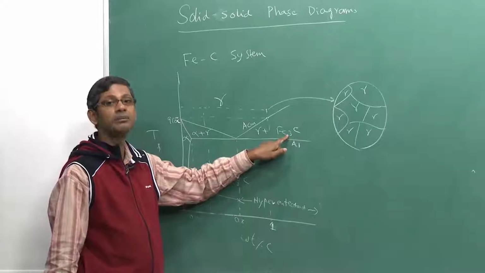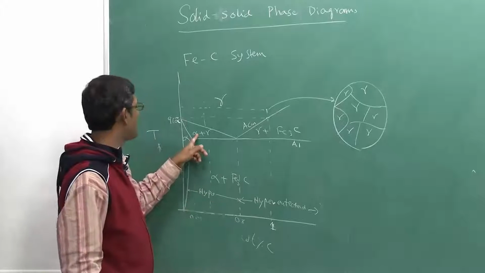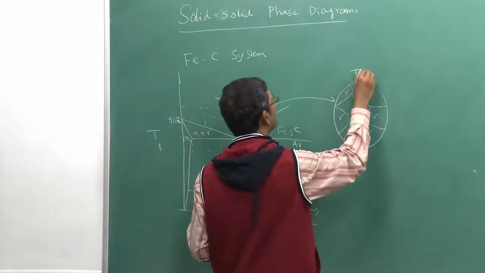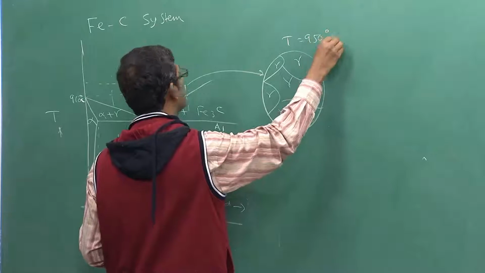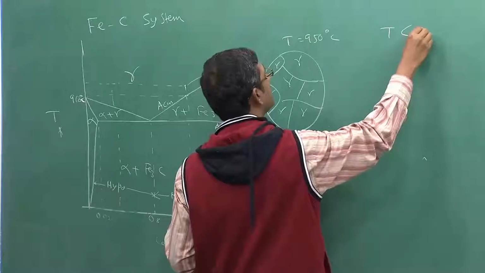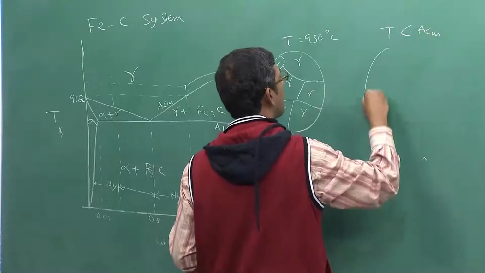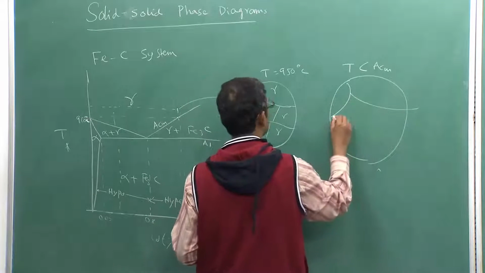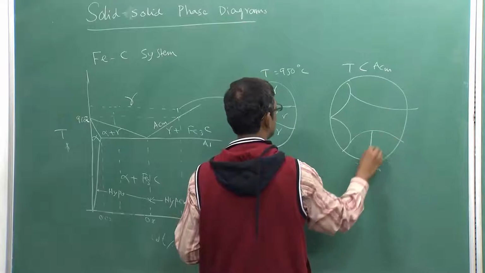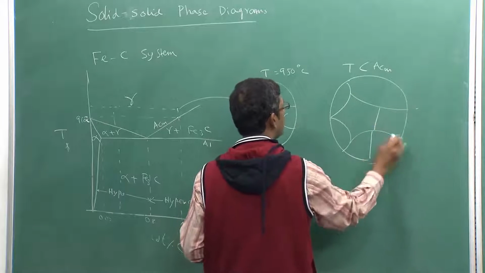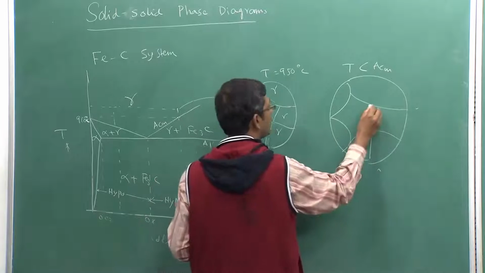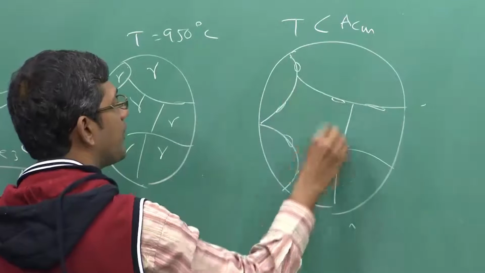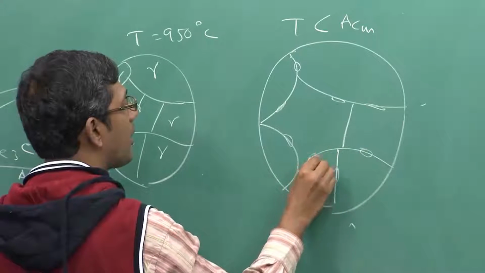This cementite is primary cementite, like the primary alpha which forms here. So, if this is T equal to 950 degrees Celsius, and I draw the same picture for T below ACM, what will happen? The gamma grains will remain, whereas the cementite will nucleate along the gamma grain boundaries, because grain boundaries are the regions in which diffusion of carbon happens fast.